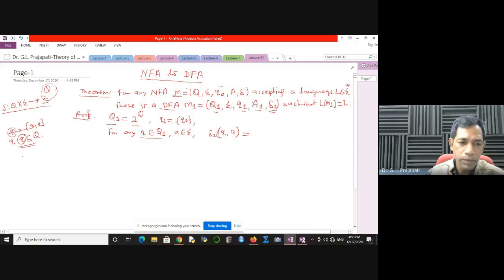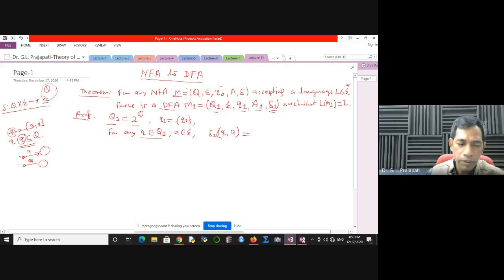Say you have two states like this and this, one and the other. From here you get some input symbol, and from the other state you get the same input symbol. So your NFA can go to some places from each.